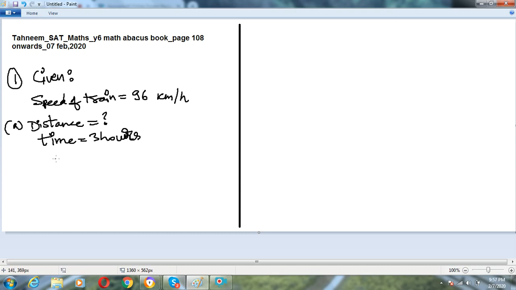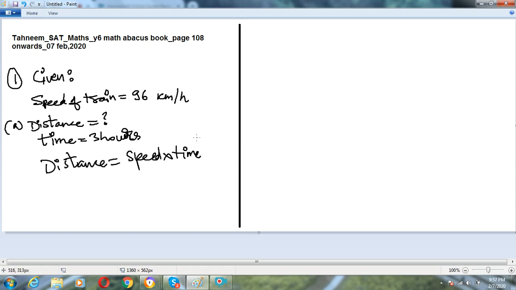Okay, so what is the formula we will use? Distance is equal to speed into time.